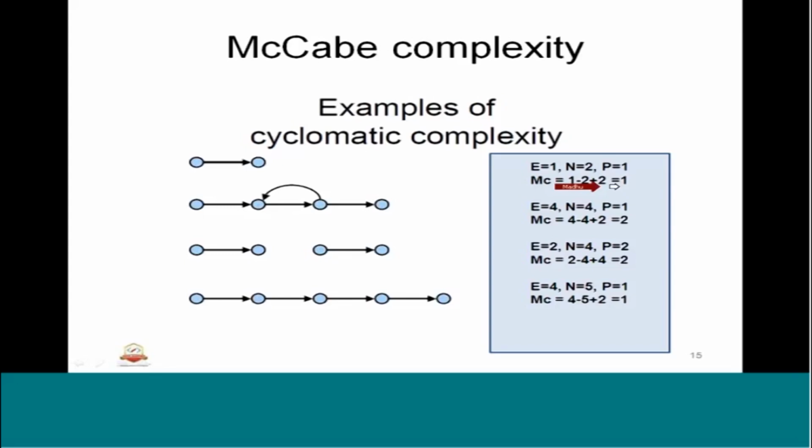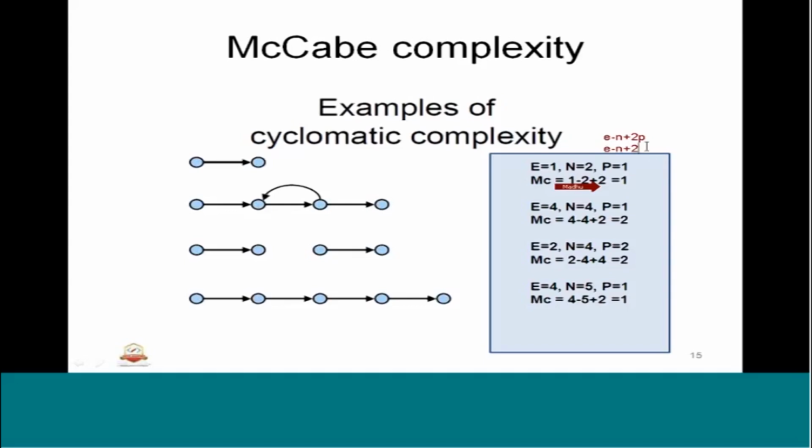In other terms, in terms of parts, it can be edges minus nodes plus 2P, or simply edges minus nodes plus 2, because mostly the disconnection is going to be very little in many of the flows. It will usually be connected, but considering that also, we can use this formula where the above 2P is used.